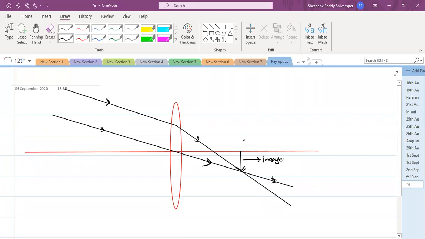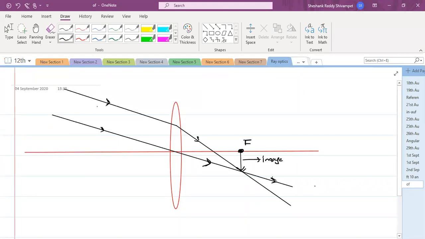So whenever you have parallel rays, they need not be parallel to the principal axis, they just have to be parallel to each other. When they are parallel to each other, the image will be formed at the focus. It will be a point image when the rays are parallel to the principal axis also. If not, then you'll get an image of some size.